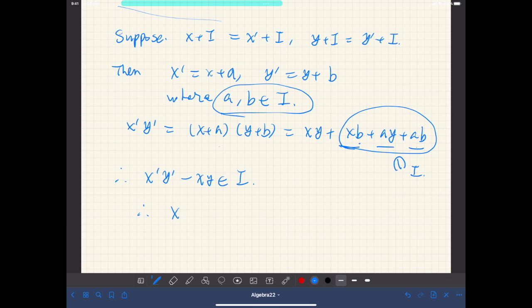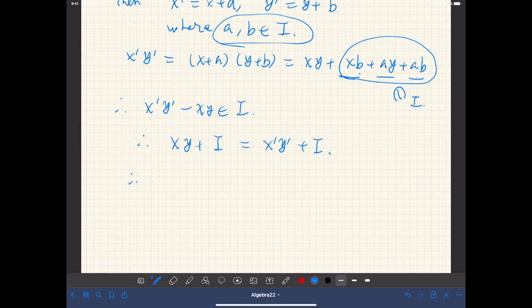Therefore, xy plus I is equal to x prime y prime plus I. Therefore, the multiplication is well defined.